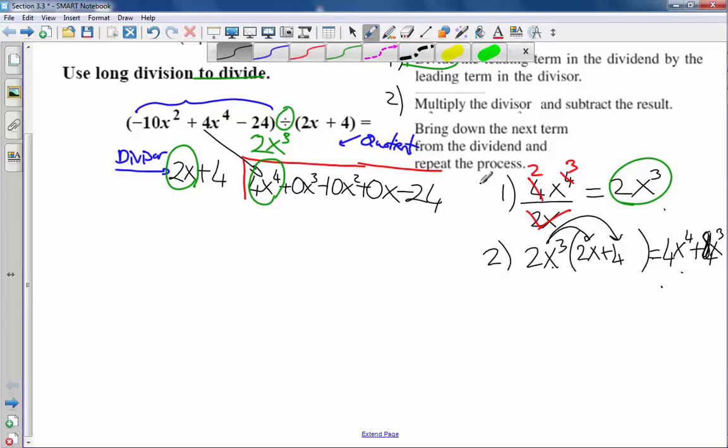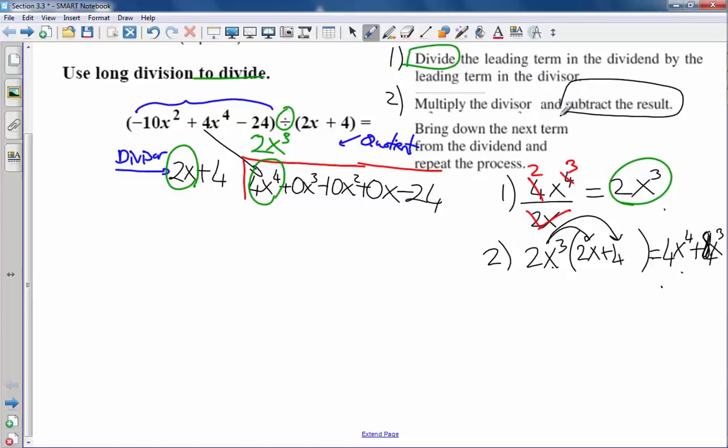Next, we're not done with step 2. Step 2 actually has a second part. We get this result subtracted from the dividend. So I'm going to subtract that from this. Okay, here, watch out.